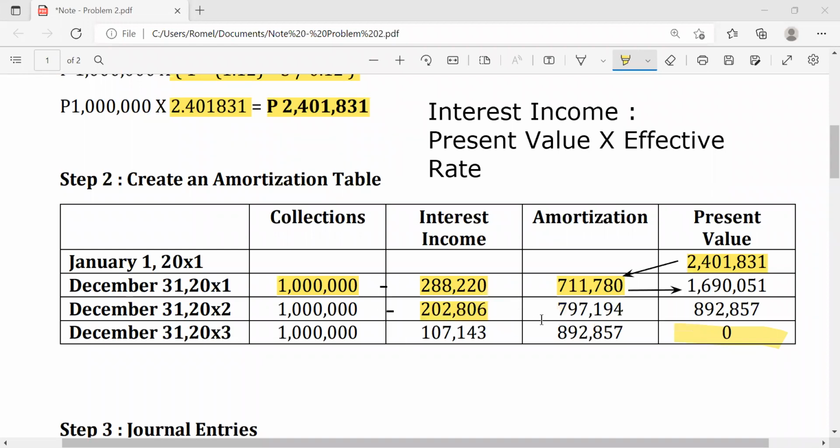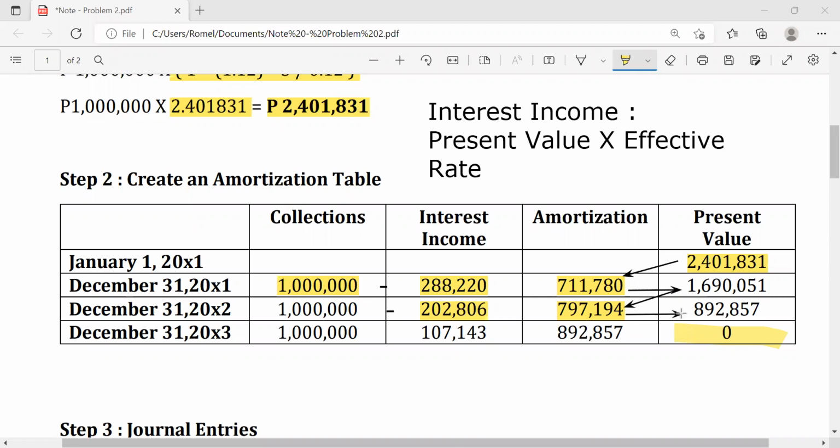So how much is the amortization? 797,194. And then yung 797,194, we will deduct it from 1,690,051. So the answer will be 892,857.